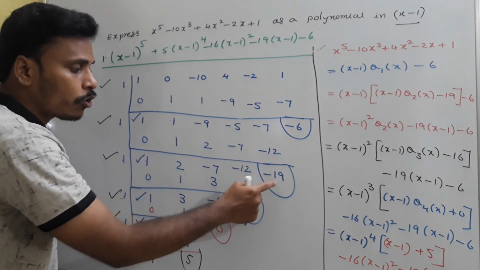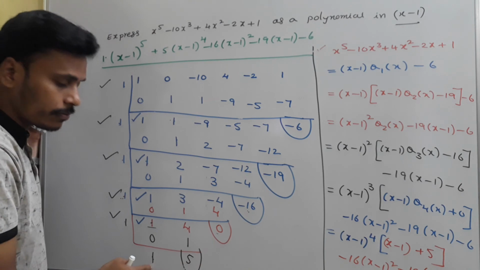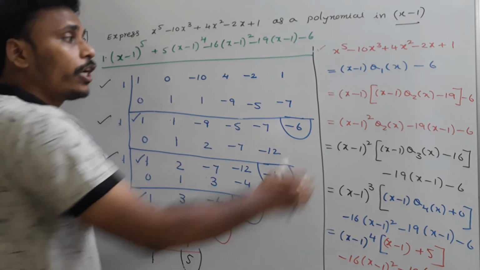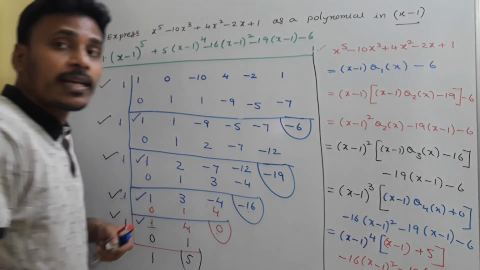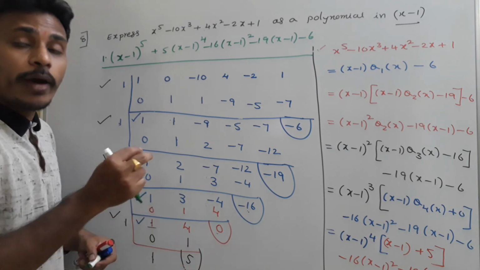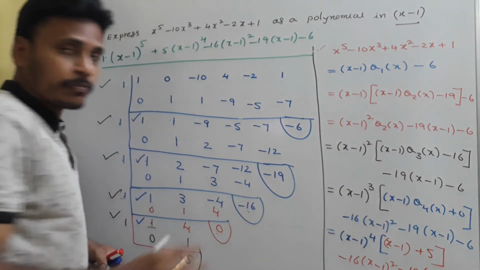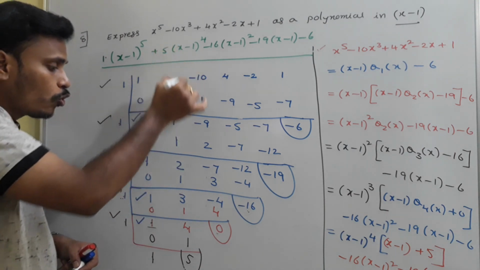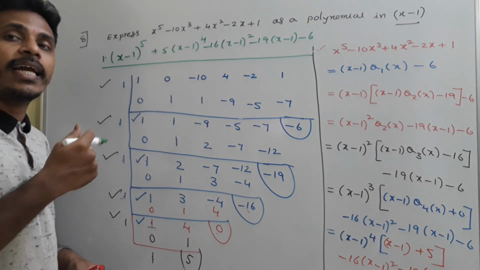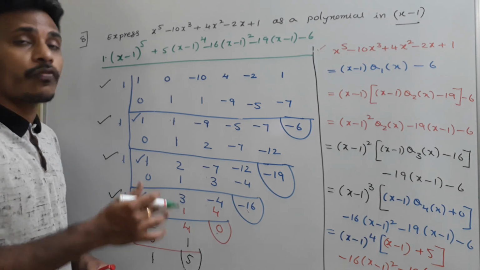You just observe these remainders. That's enough. No need to write all these steps. But as a first problem, to explain how I am writing this, I listed all these steps. But if you do this synthetic division, directly you will write that polynomial in terms of x minus 1.